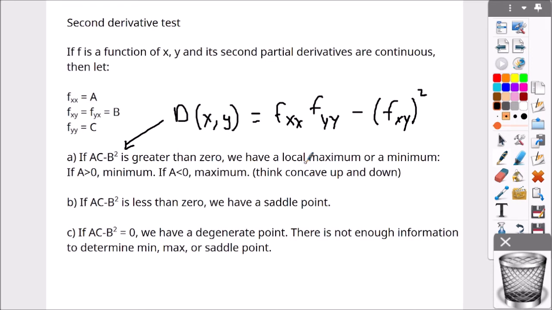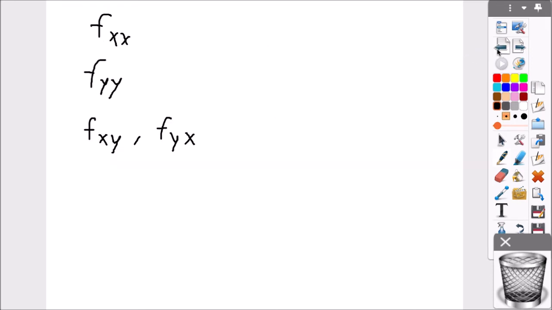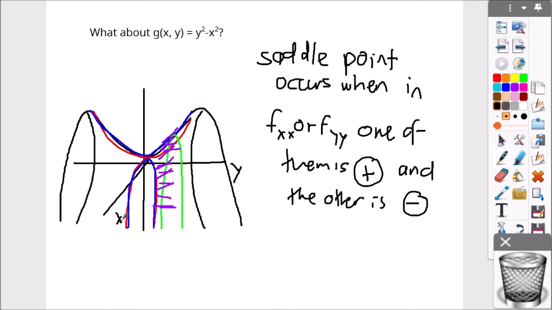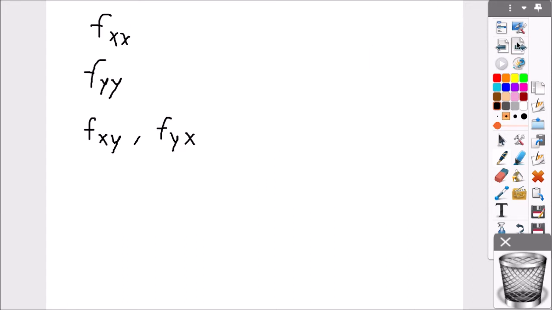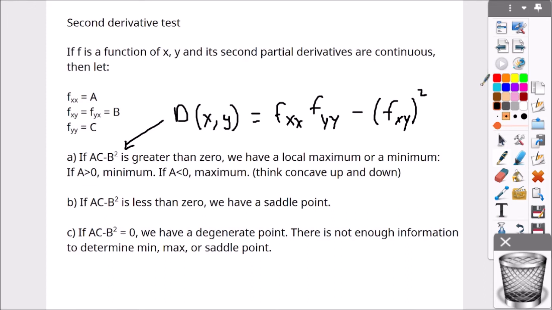If f sub xx and f sub yy are different signs, like these guys, then if we weren't going at 0, 0, it would be guaranteed to be a saddle point. This is definitely negative, and if we have negative minus something that's definitely positive, then it will be negative. That means we have a saddle point.